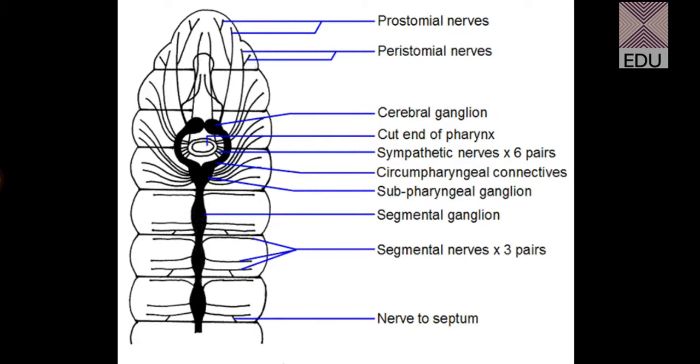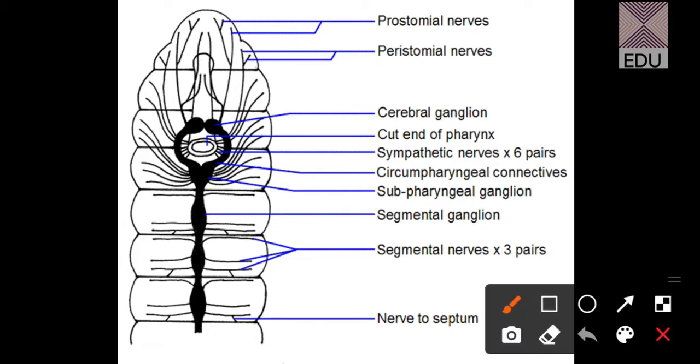This is the diagram of the nervous system of the earthworm, and here you can very well see this is the very first part, the ring. So this is the black one. This is the ring of the central nervous system, and this black cord is the ventral nerve cord.